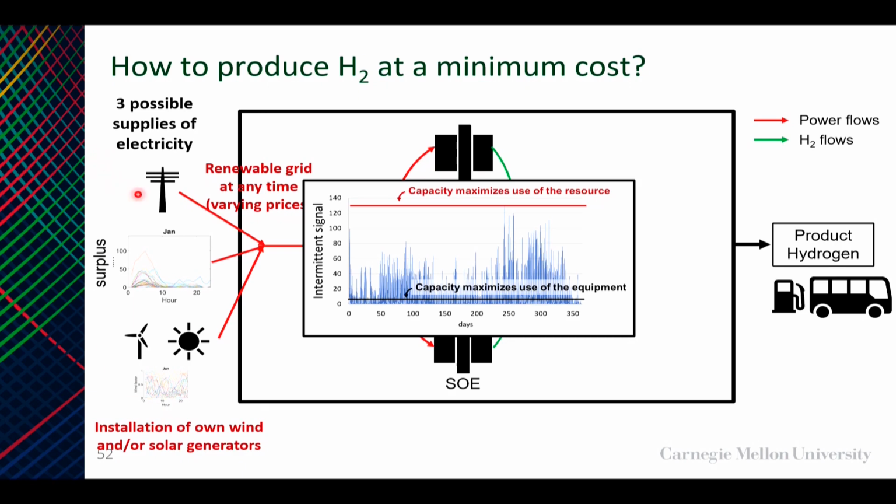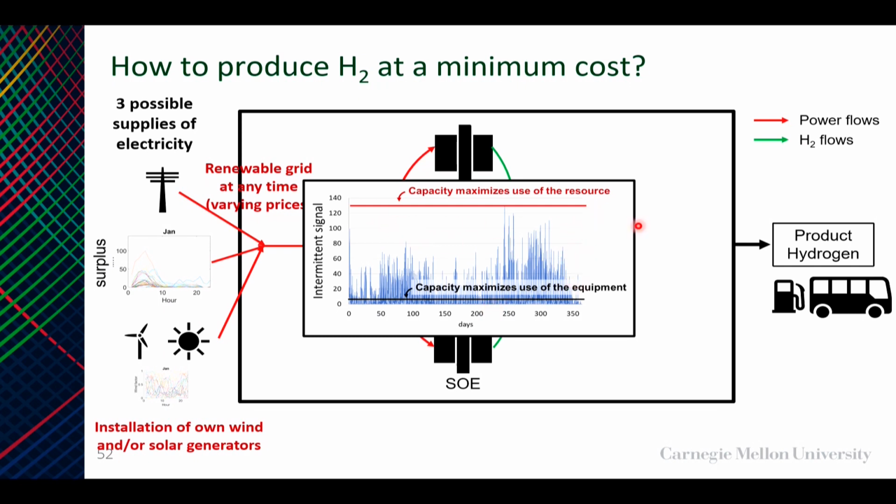Intermittent in terms of prices if we connect to the grid, intermittent in terms of availability if we connect only when there are surpluses or if we connect directly to the generators. And for process design, this is very important because, as I mentioned earlier, we need to decide the size of our equipment. But right now, we have 2 limiting types of sizes.